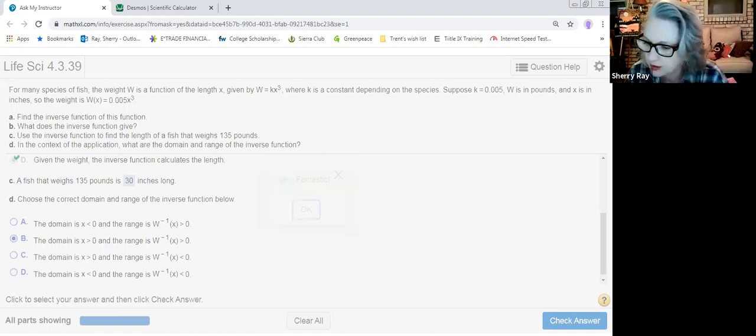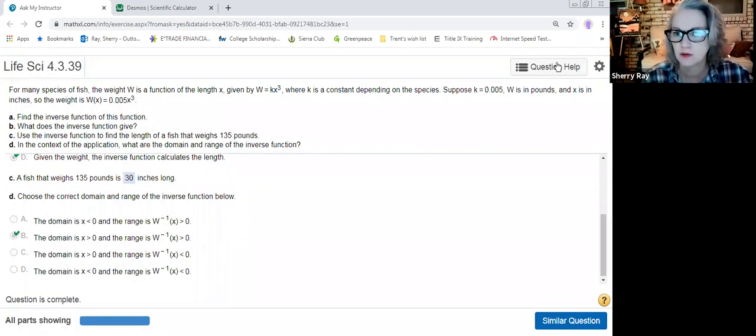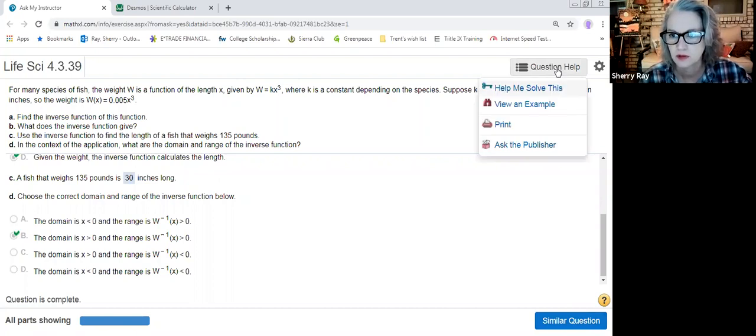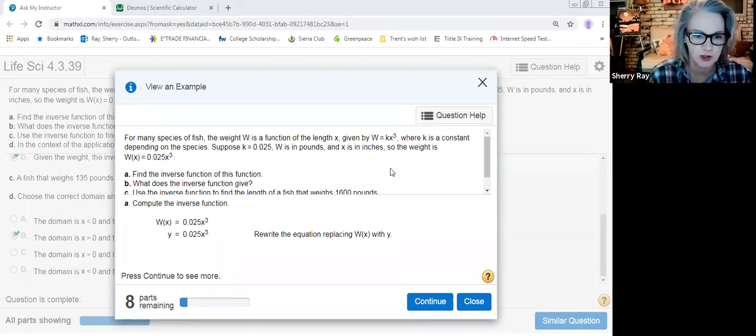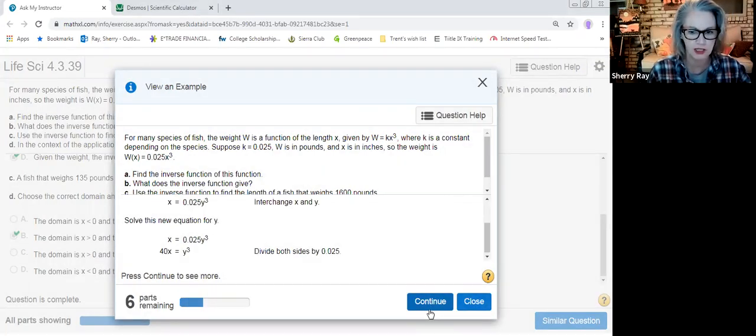And if you went to the question help and did the view an example, when you go through where they have a very similar one, they have 0.025 x cubed, and then somehow all of a sudden they go through the steps and you see 40.